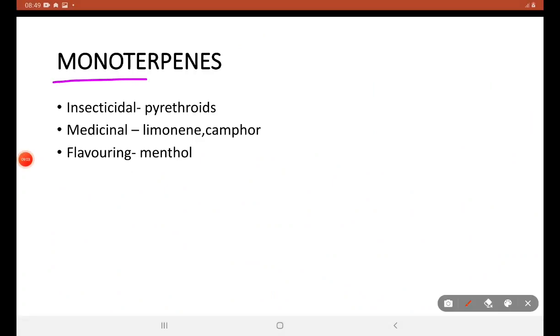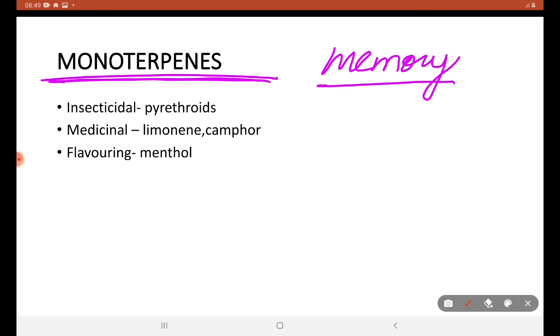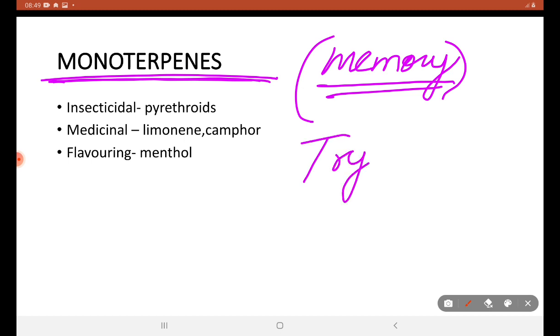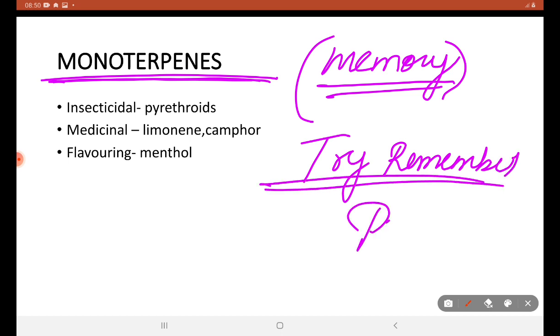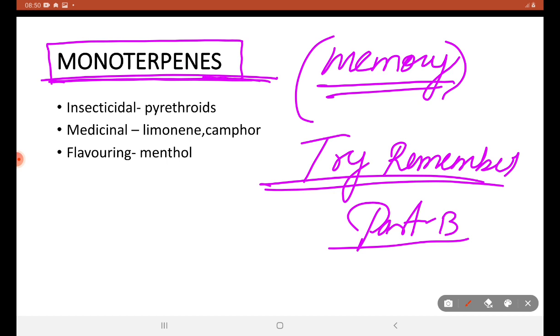Next we are going to see various examples of monoterpenes. These are memory based. So candidates who are watching this video, please try to remember, because questions directly come from this as pointers, usually in part B. Monoterpenes are C10 compounds of isoprene.